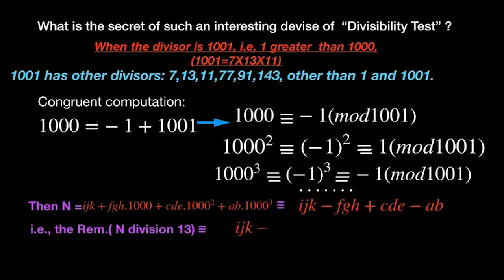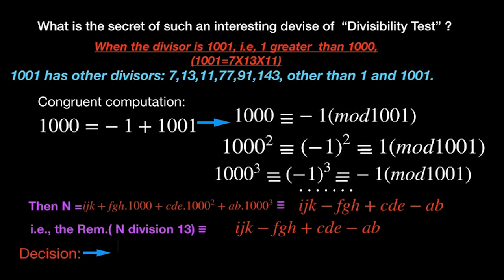The remainder of n when divided by 1001 or any one of its factors, here 13 is also a factor, so we have taken 13. So the remainder of n when divided by 13 or 1001 will be the alternate 3-digit sum, plus minus.